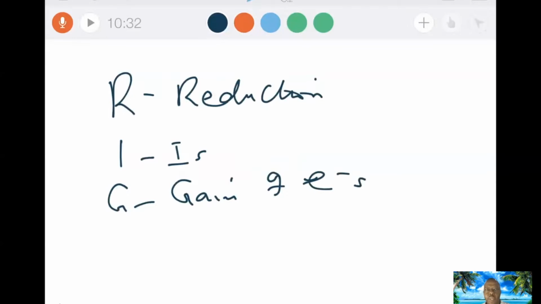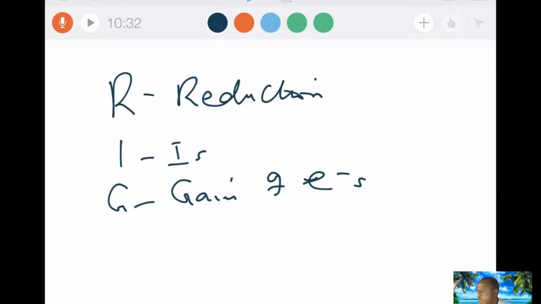And remember, electrons are negatively charged. A neutral species which gains an electron or electrons becomes negatively charged. If a neutral atom loses an electron or more than one electron, it becomes positive, or a cation.